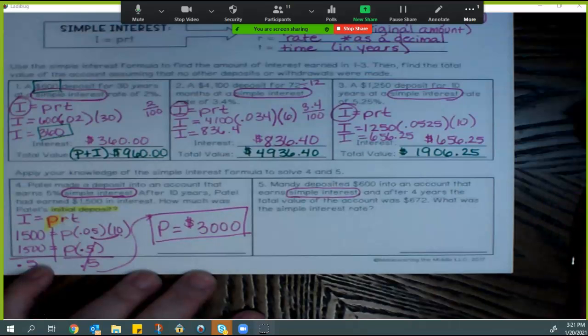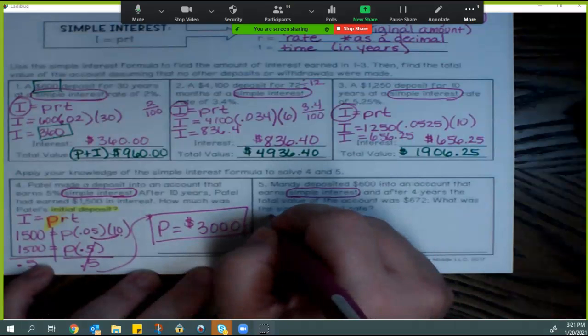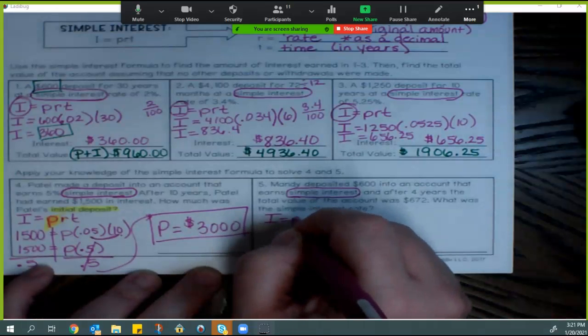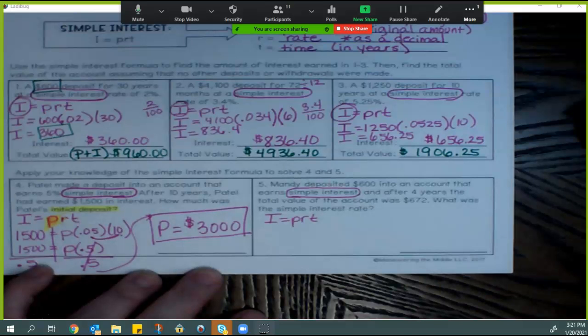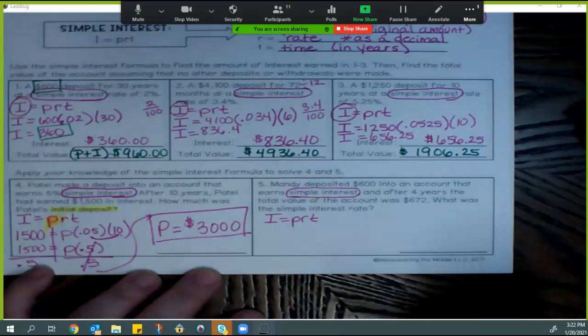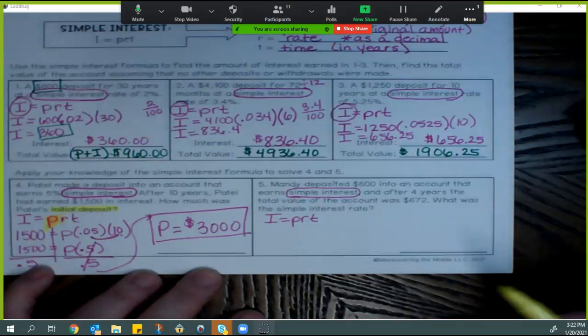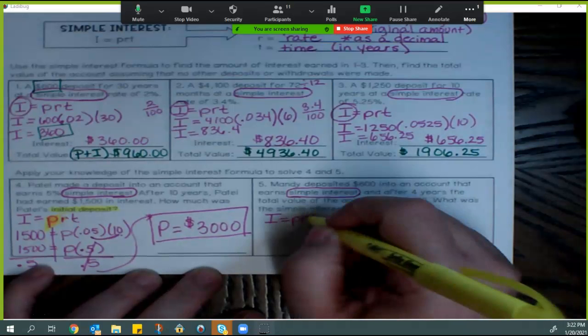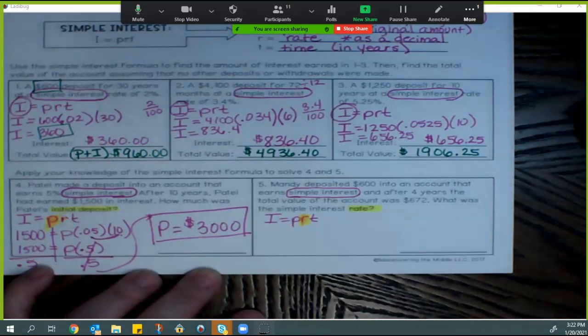All right, so I know it's simple interest, so what formula can I use? I equals PRT. But now I need to look at the question. Am I solving for I? What is the question asking us to find? The rate. So the R is what we're trying to solve for.